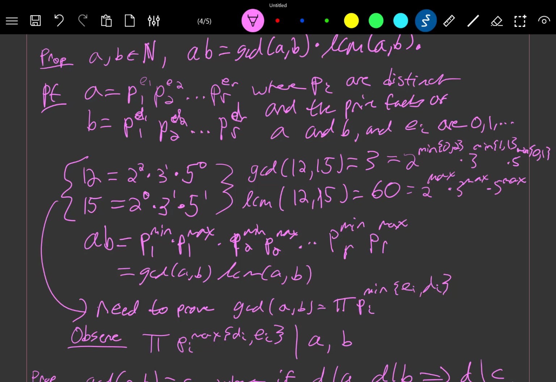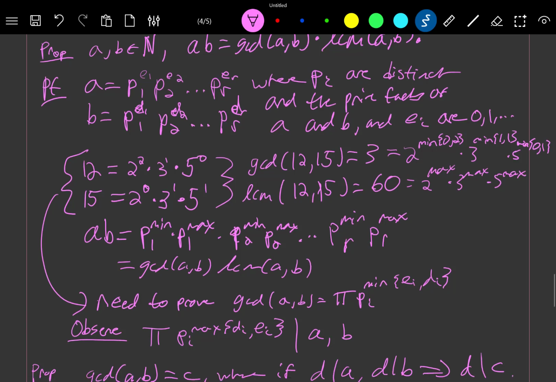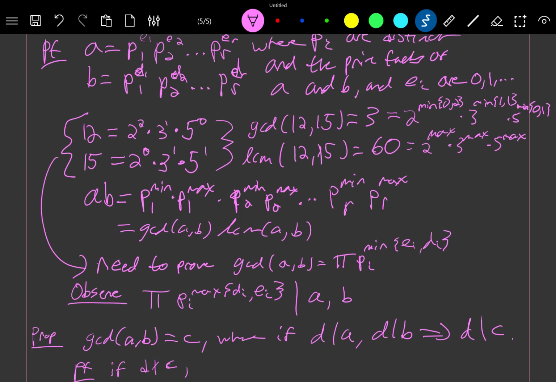So that's one way you can see the GCD here.